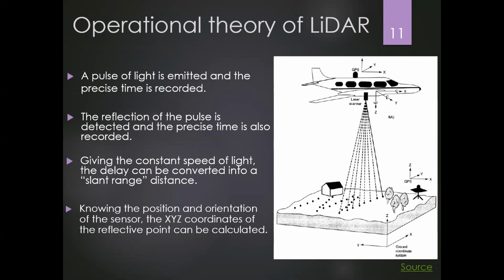And meanwhile, you need to know the position of the plane, or you can say the position of the sensor, right? Position of the sensor and orientation of the sensor to find out the specific location information of the ground object that reflected the energy.